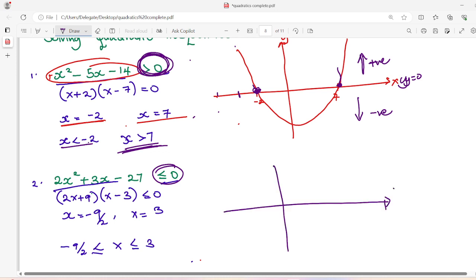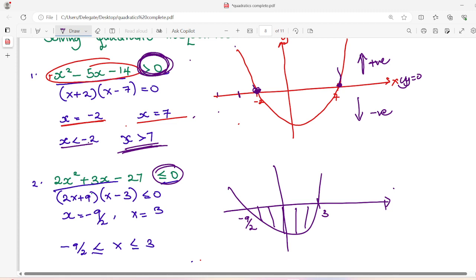So it crosses at -4.5 and 3. That's when our graph crosses the x-axis. Because we have less, it means we are interested in the region where the graph is negative. So that's why we say between -4.5 and 3. The region in between here is where the graph is negative.